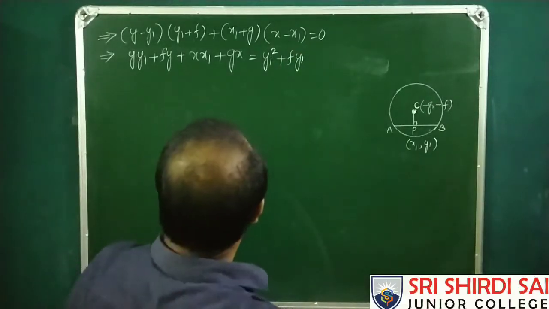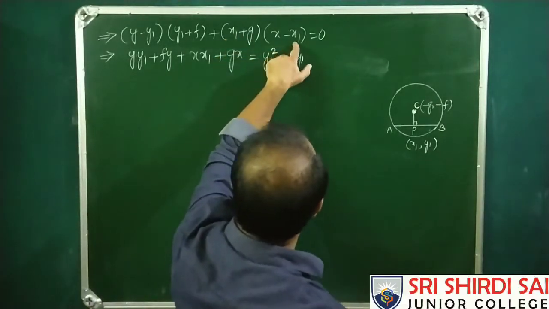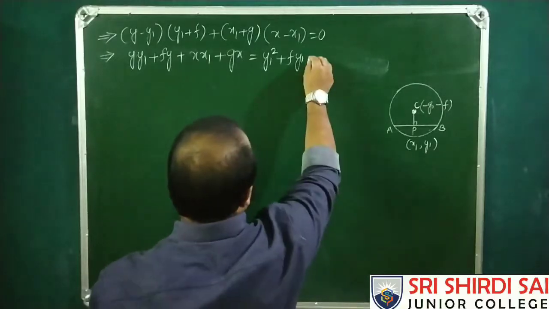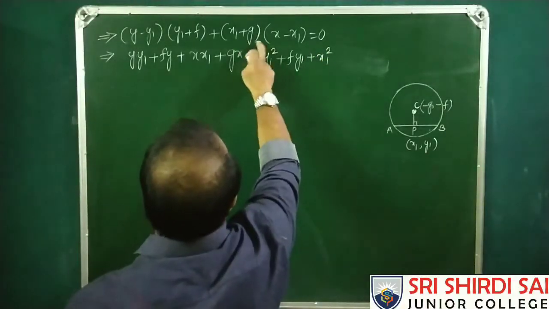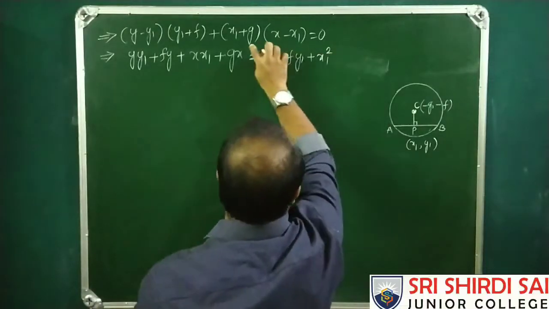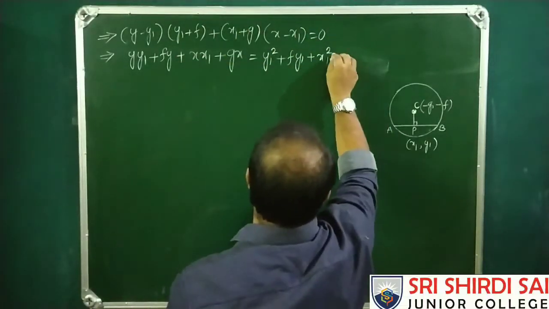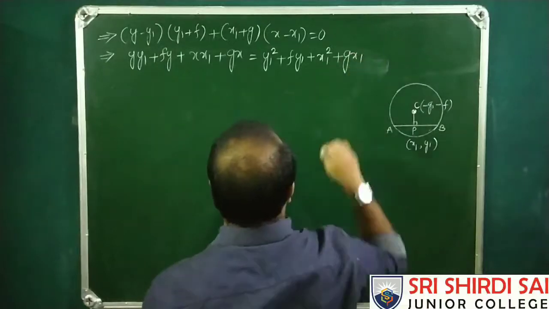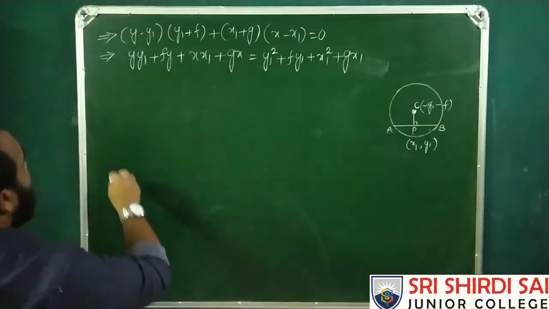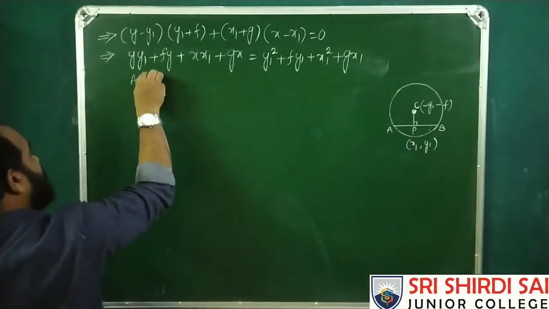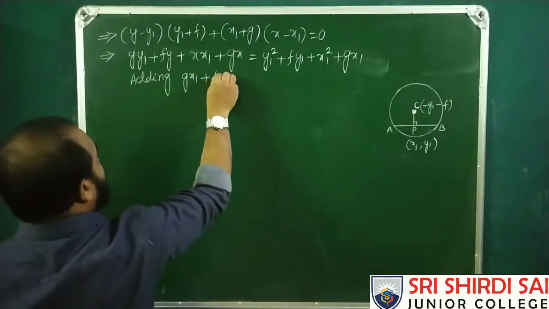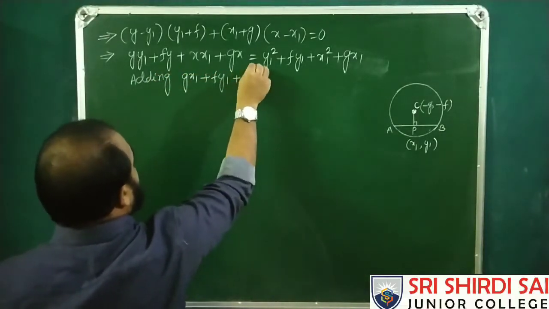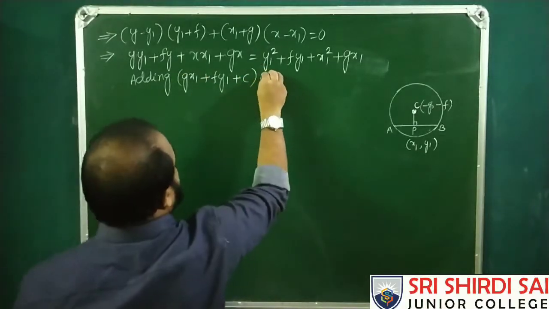Next, this is x1 into minus x1 square; if you take to this side, x1 square. So g into minus x1, minus gx1, if you bring to this side, plus gx1. So adding gx1 plus fy1 plus c on both sides.